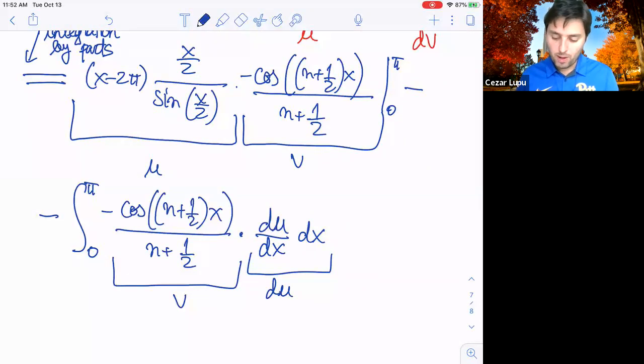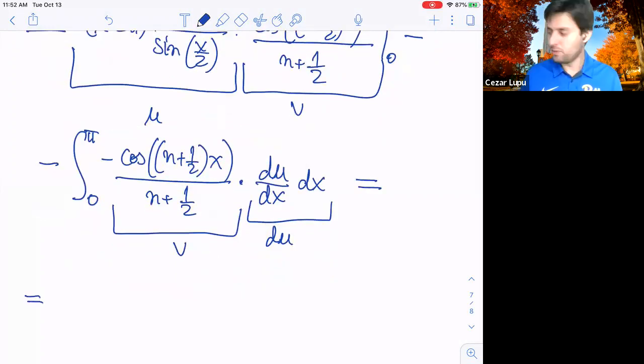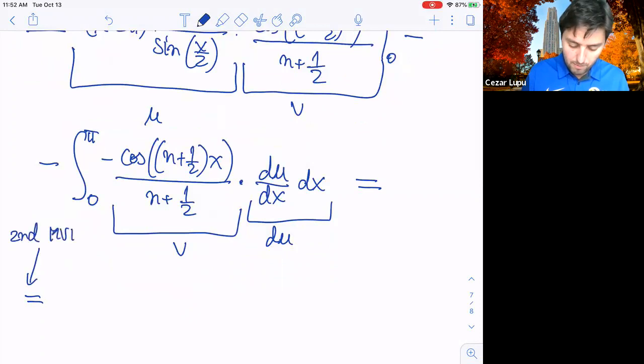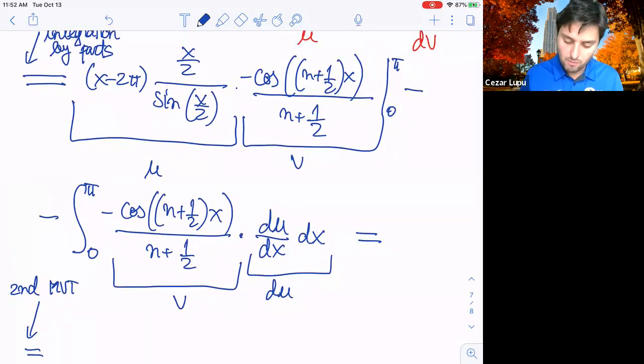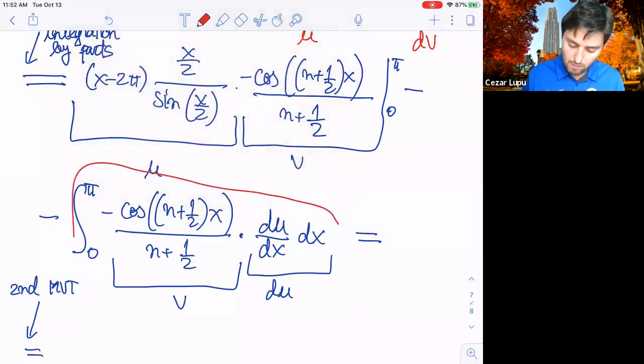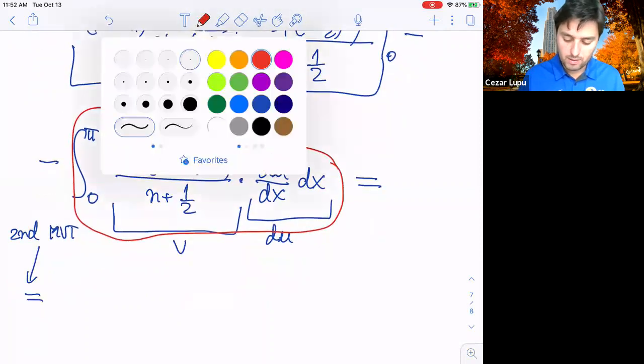And now, if you see the negative here, it will become positive. But I'm just going to write directly since I don't want to lose too much time. Well, I went a bit over time. Now here I'm going to use the second mean value theorem for this integral, taking out this v.